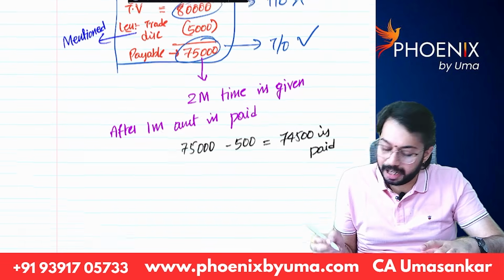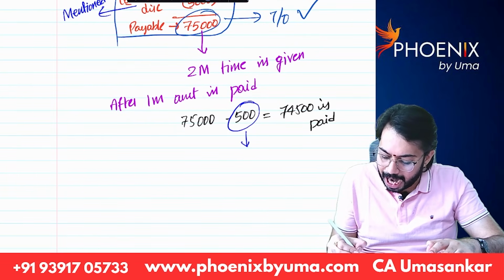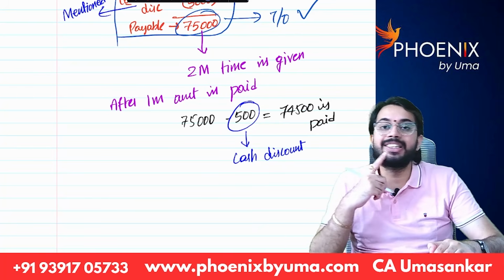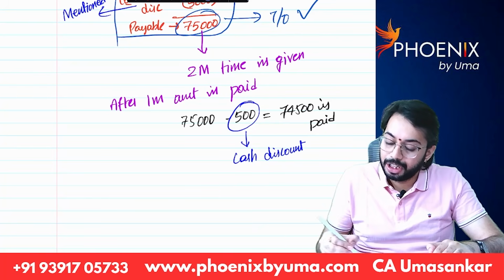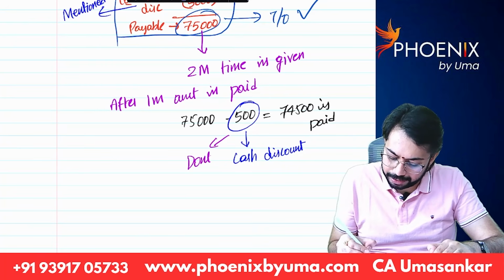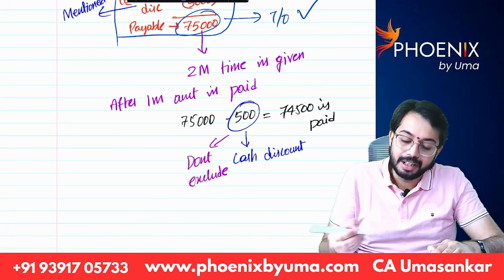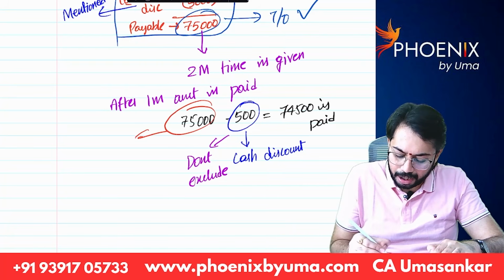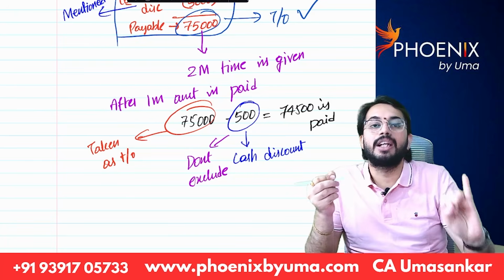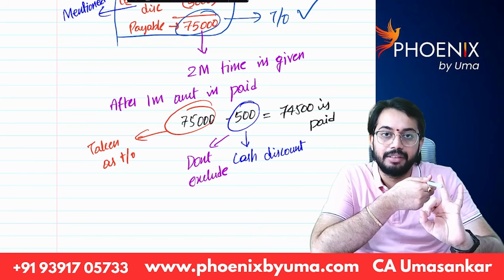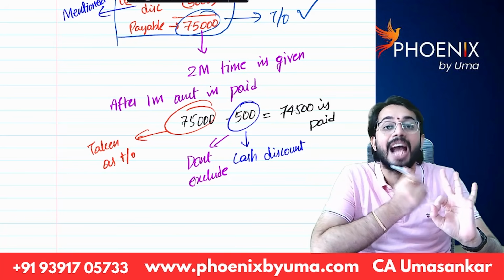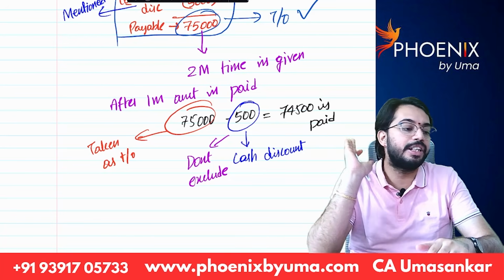Now whatever this 500 is there, we call as cash discount, correct? So whatever cash discount is there, don't exclude. That means 75,000 will only be taken as turnover. Are you able to understand? Trade discount given, quantity discount given, volume discount, turnover discount, exclude. But if any cash discount is given, don't exclude in calculation of turnover.